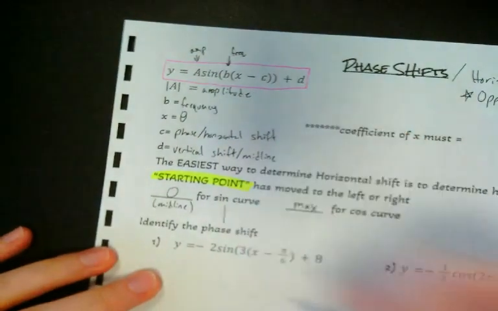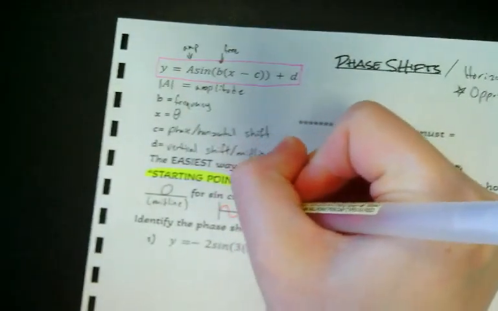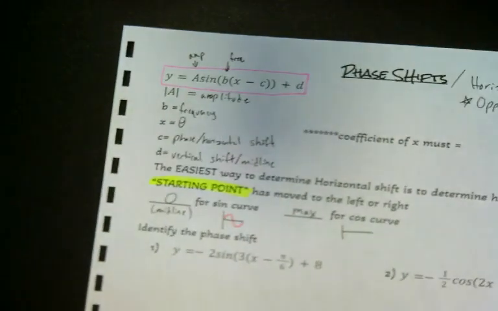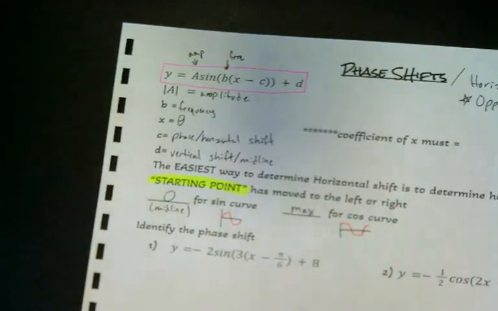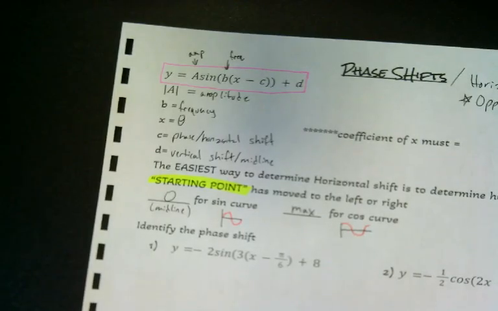Again, just to remind ourselves of what our curves should look like. When we want to see that phase shift, we're going to be starting from that 0 and seeing how much is moving left or right. Or for our cosine curve, looking at that maximum value, seeing what's shifting left and right.